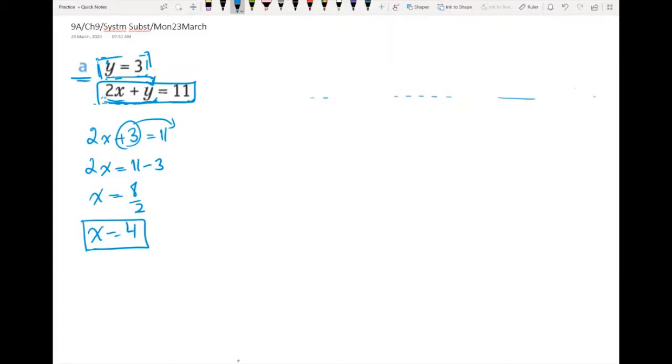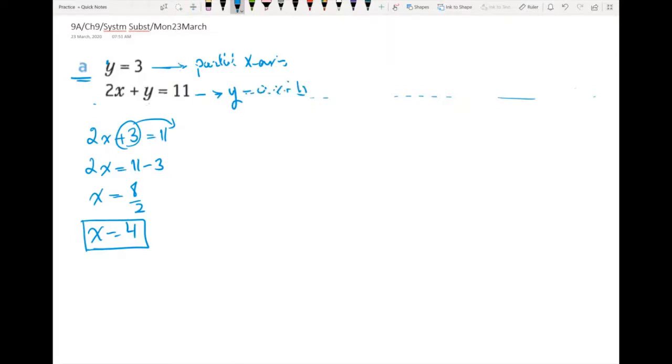Now, what do these equations represent? In this case, these two equations represent two lines. This is the line that is parallel to the x-axis, and this is a general equation of a line of the form y equals ax plus b.